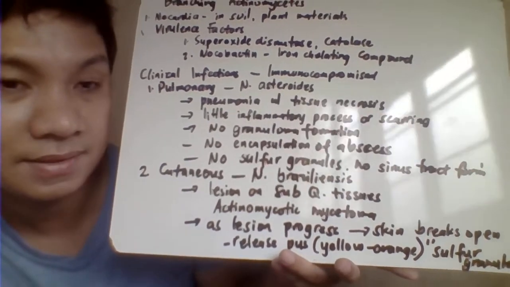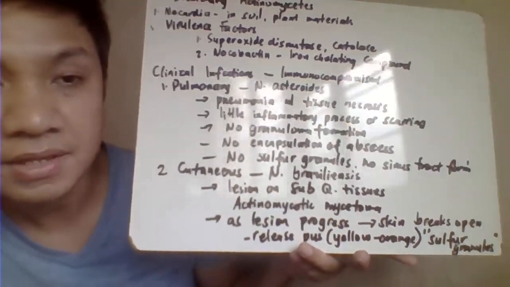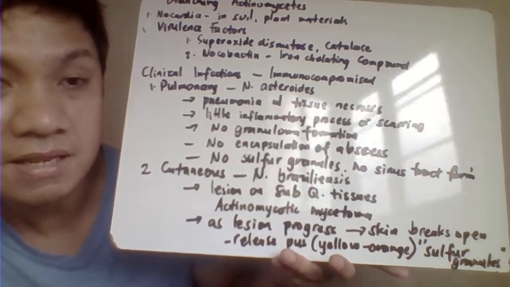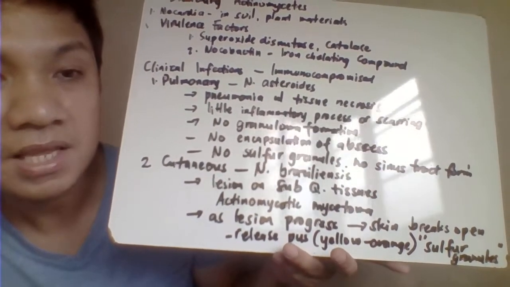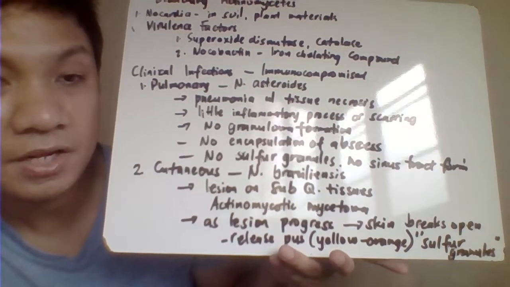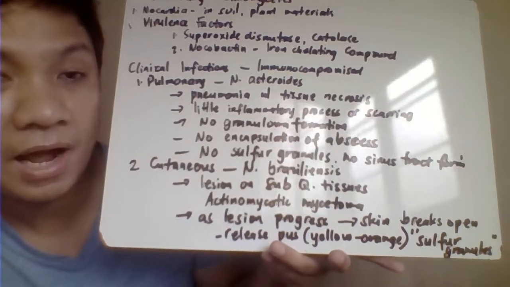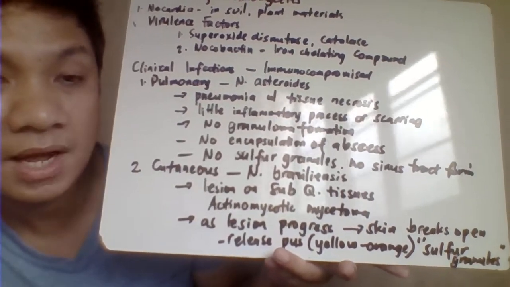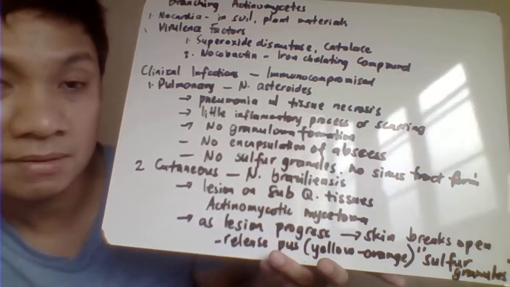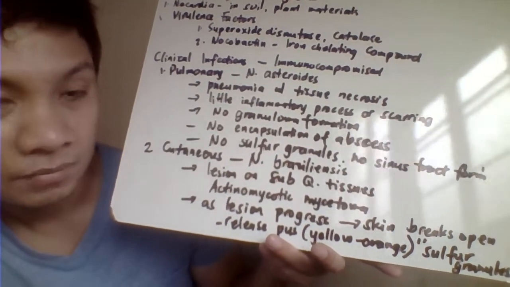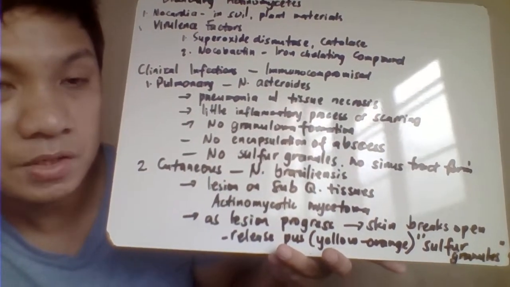The cutaneous form, on the other hand, is caused by Nocardia brasiliensis, so it's a skin infection, and you get infected by, again, a cut or abrasion in your skin that allows the Nocardia in the soil to enter your skin. So, pag skin infection, it would be in the form of a lesion which tries to affect the subcutaneous tissues.